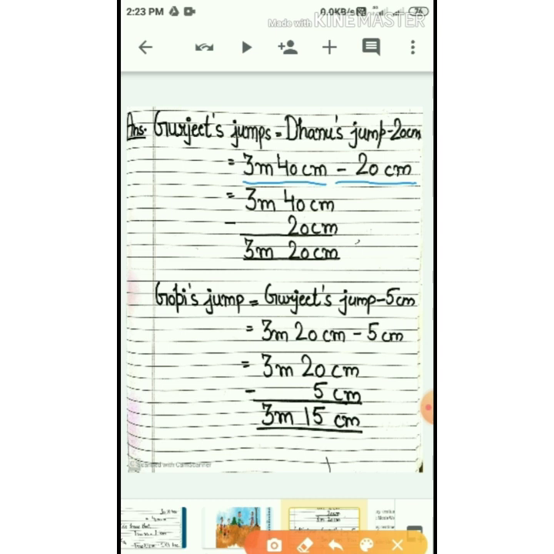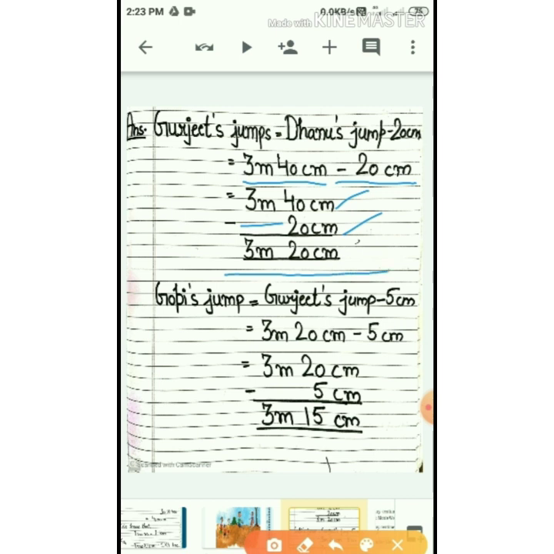Now we will subtract. Centimeter from centimeter, and there is nothing in meter, so 3 meter will remain as it is. Now 40 minus 20 centimeter. 0 minus 0 is 0. 4 minus 2 is 2. So it will be 20 centimeter, and 3 meter remains. So Gurjeet's jump is 3 meter 20 centimeter.